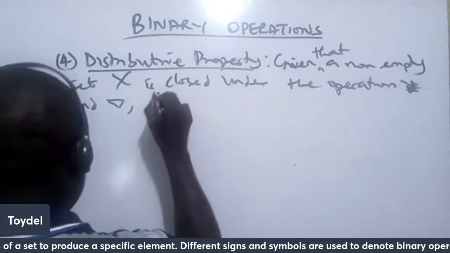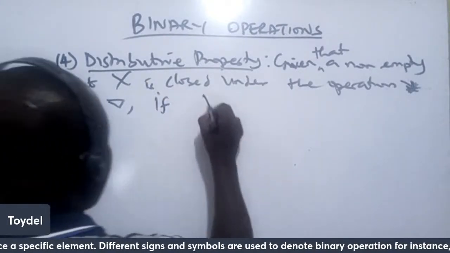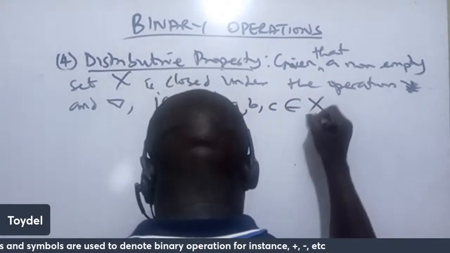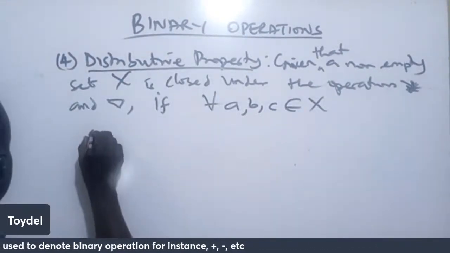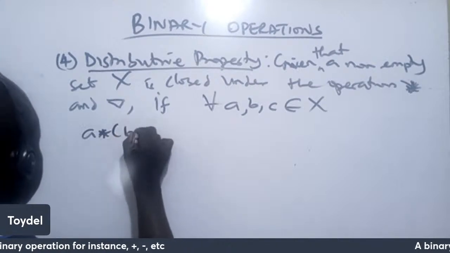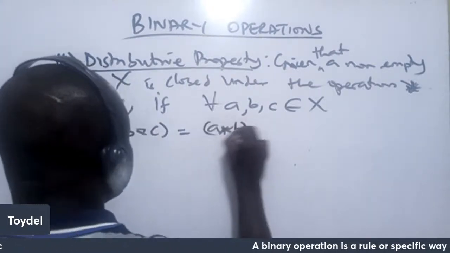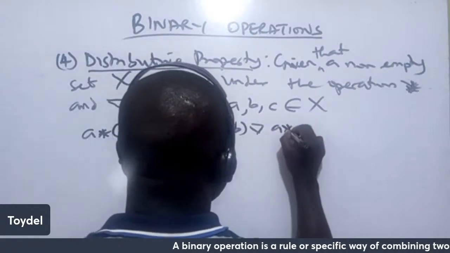So if for all A, B, C that belong to X, we can get A asterisk (B inverted triangle C) equal to (A asterisk B) inverted triangle (A asterisk C).